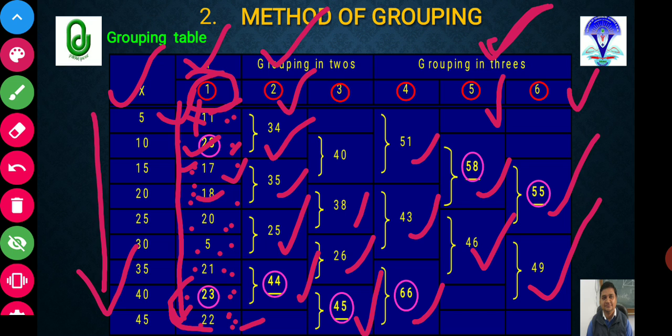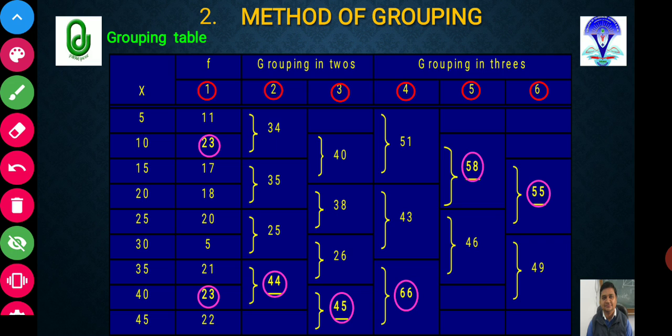This is how we prepare the grouping table. You have to be very careful. It is very simple, but the procedure should be clear in your mind so that you can prepare the grouping table without any error. Hopefully this is clear to you.